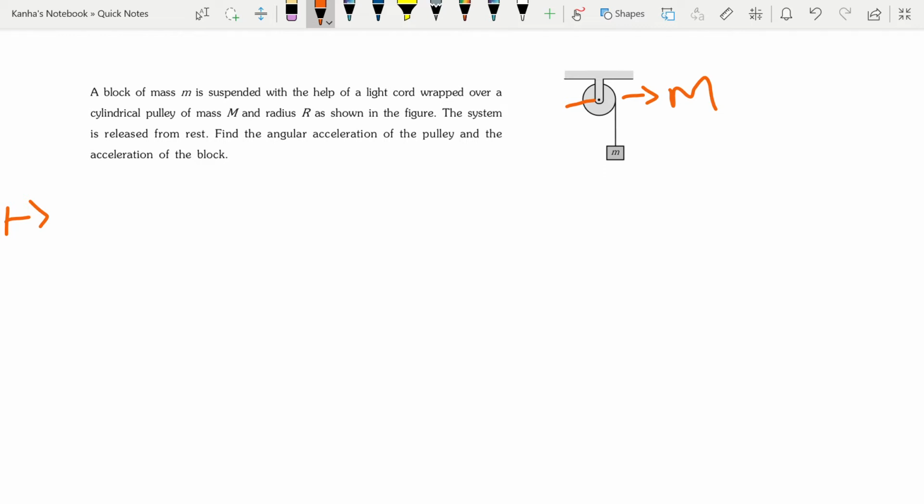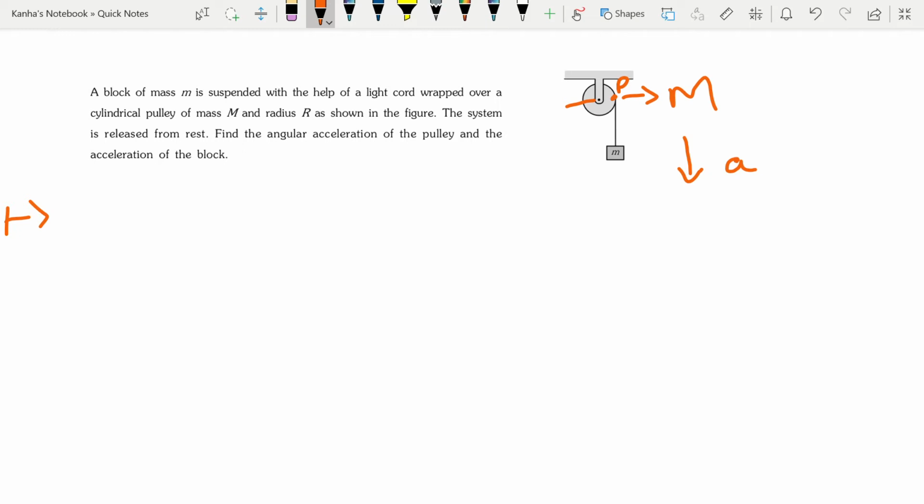The block will pull the cord down and cause the pulley to rotate clockwise. Because the cord is inextensible, every point on its vertical portion and the point of contact, which I'll call P, will move down with the acceleration a.